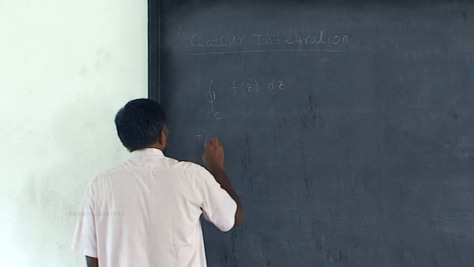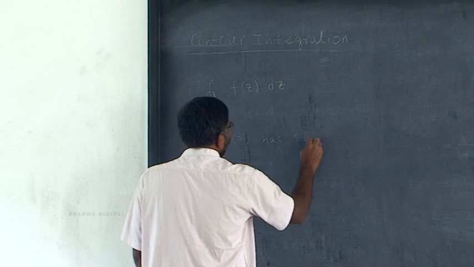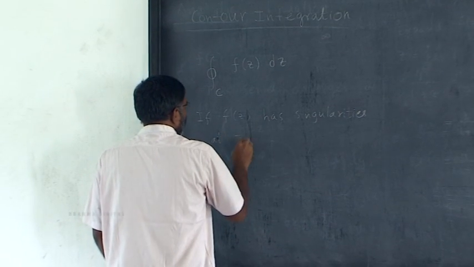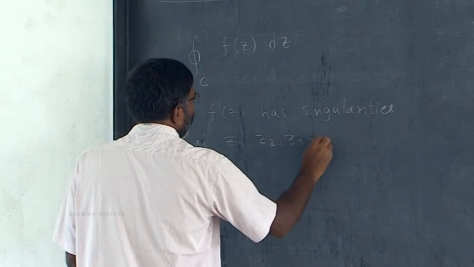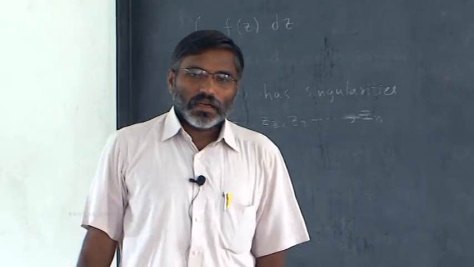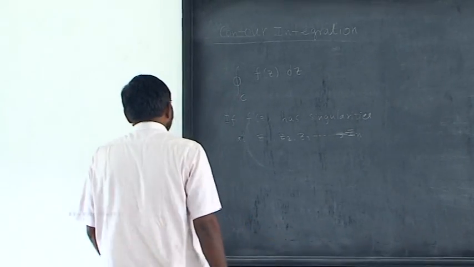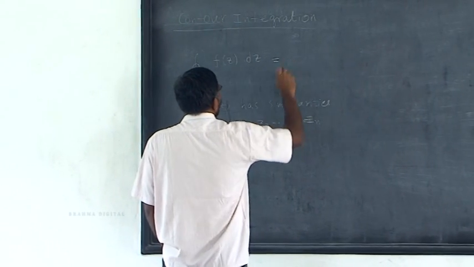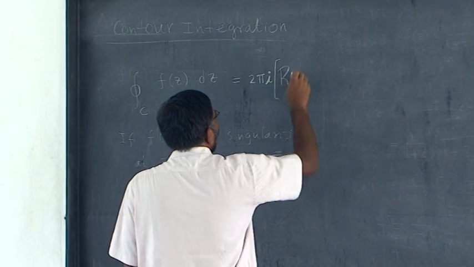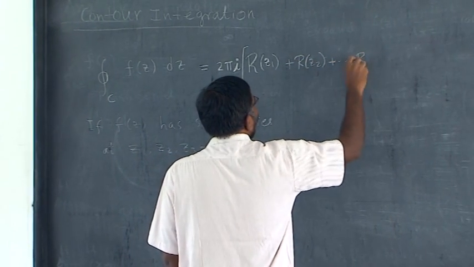so if f of z has singularities at z1, z2, z3, etc. up to zn, if it has some n such singularities, and if these singularities are poles or poles of higher order or essential singularities among the ones that we discussed yesterday, then we can write down this integral as 2 pi i into residue at z1 plus residue at z2, etc. plus residue at zn.